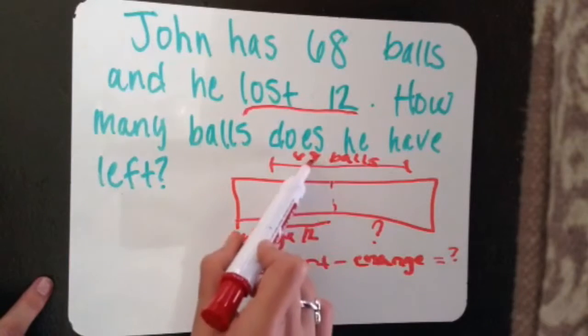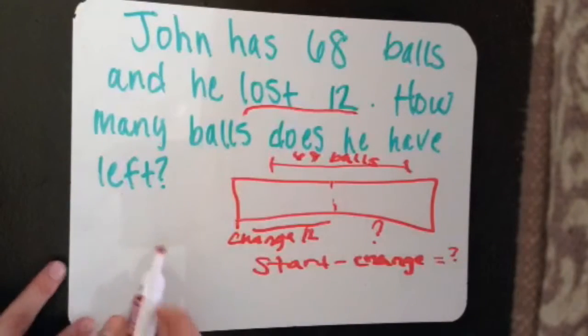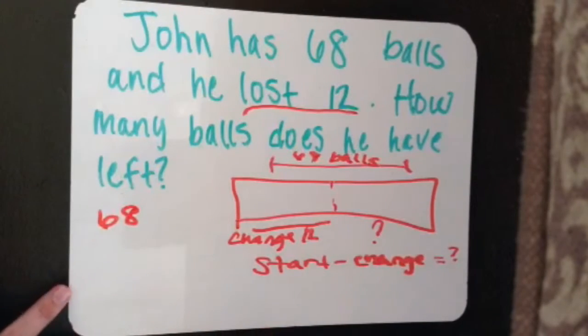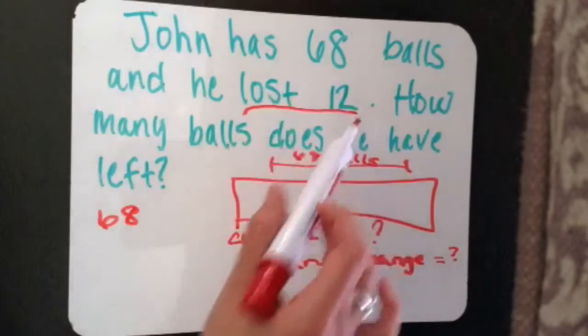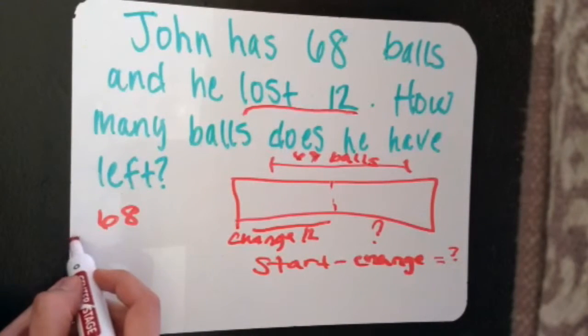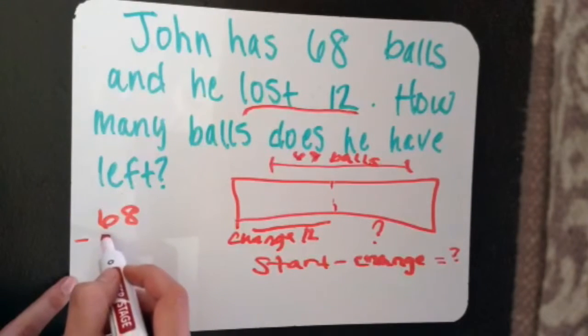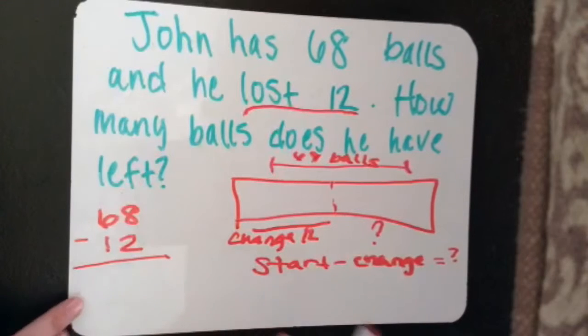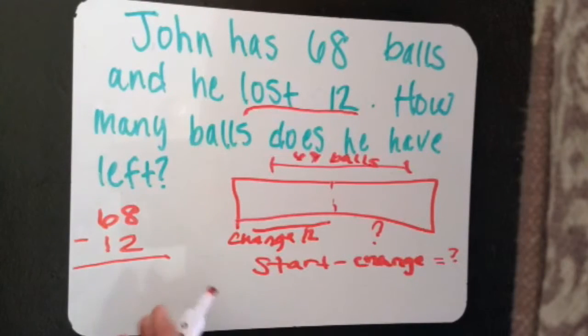So our start number was 68. He loses 12. We said this was a separate or takeaway problem, so that means we will do subtraction. He loses 12. What's his result? How many does he have left?